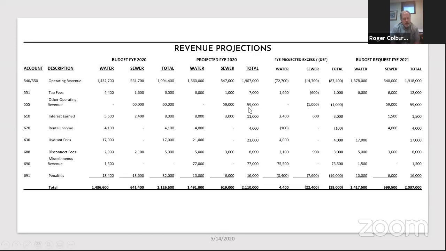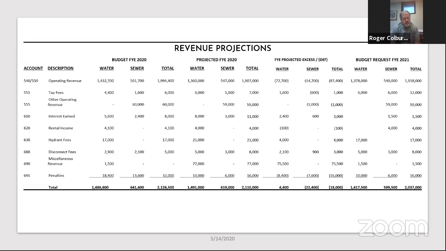Then the next couple of columns are the projected excess or deficiency, comparing the budgeted amount to what we're actually trying to project here. And the last 3 columns on most of the tables are what we're trying to request in the draft budget for the year ending 2021.